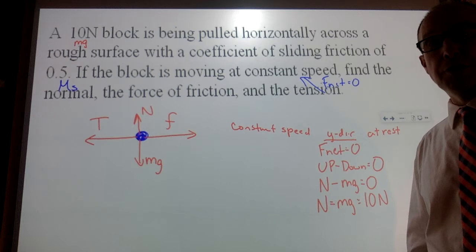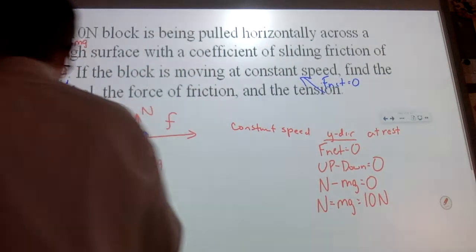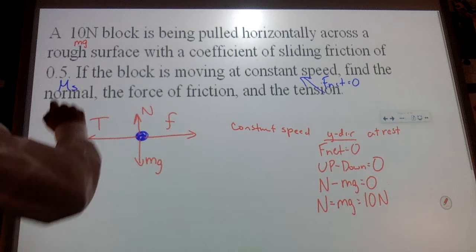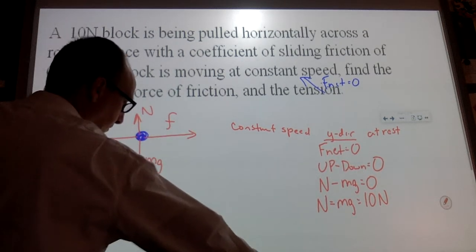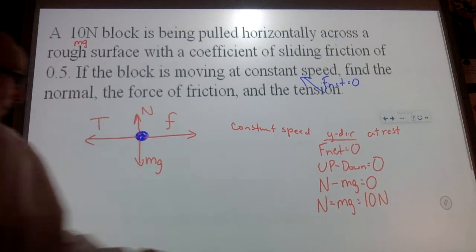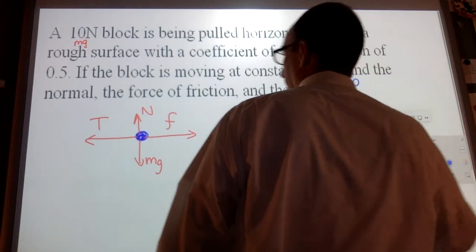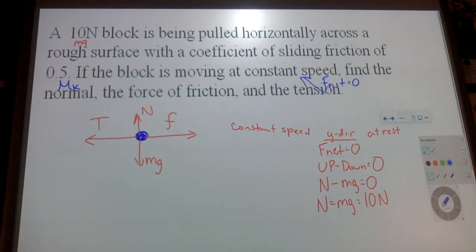Now that I know what the normal is, I can get friction. That should be mu K, not mu S. I know that my kinetic friction coefficient is 0.5.